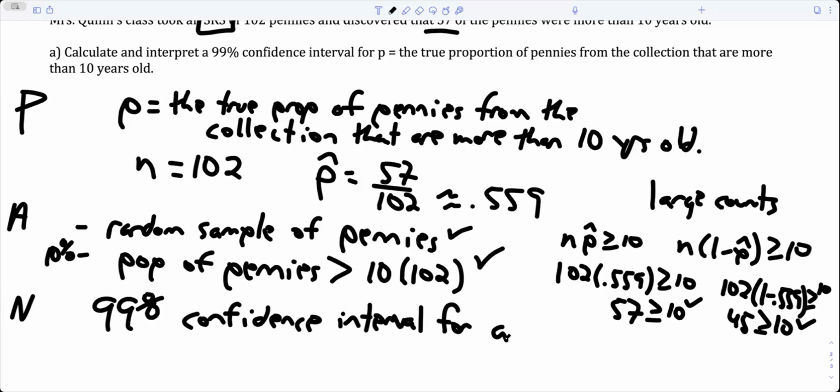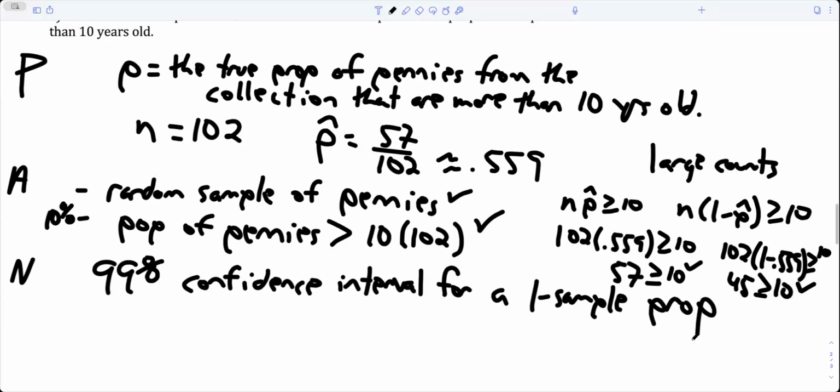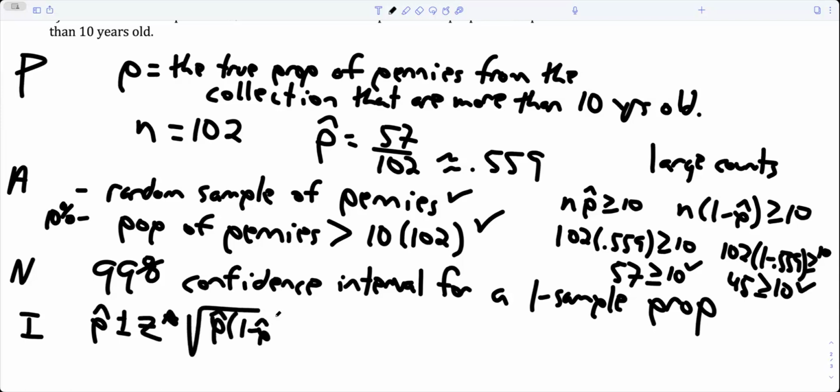Proportion. So this is a 99% confidence interval for a one sample proportion. The interval is p hat plus or minus z critical value times the square root of p hat times 1 minus p hat divided by n.